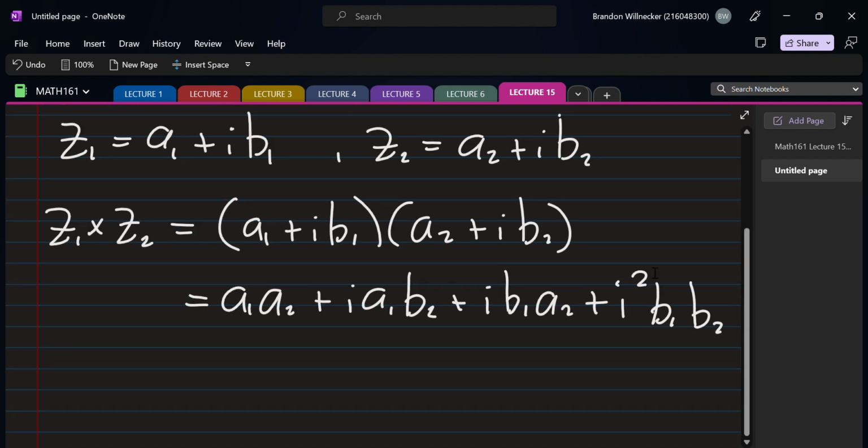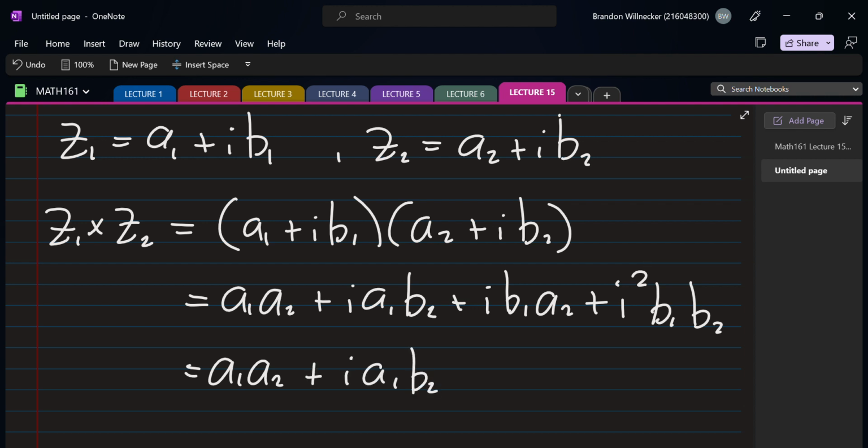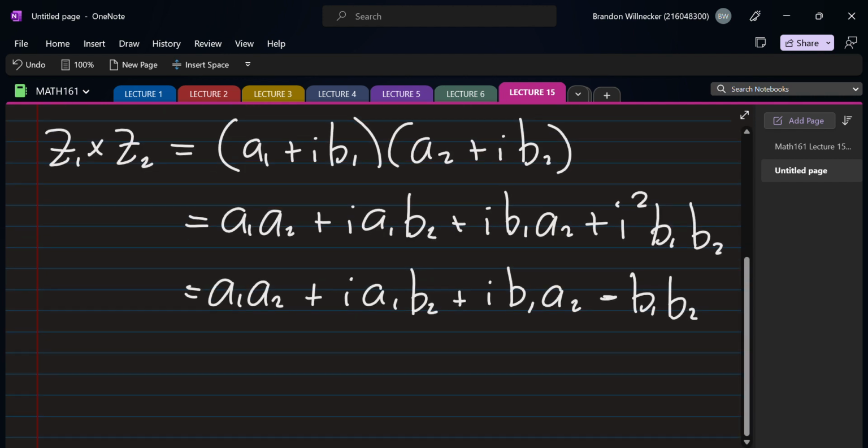Okay, now remember i squared, the defining feature of i is that i squared is minus 1. So in the next line, we can replace i squared with minus 1. So we get a1 a2 plus i a1 b2, plus i b1 a2 minus, because of the i squared, b1 b2.